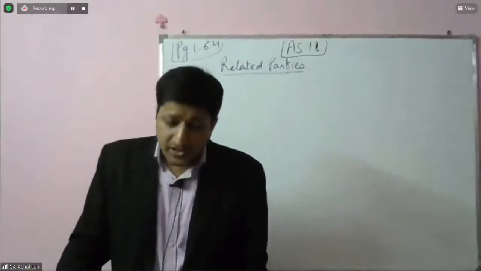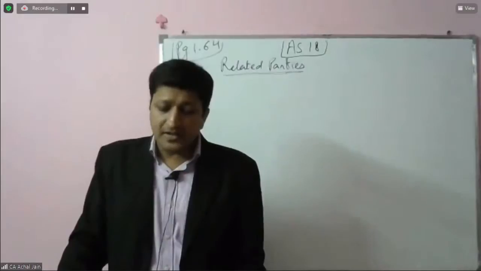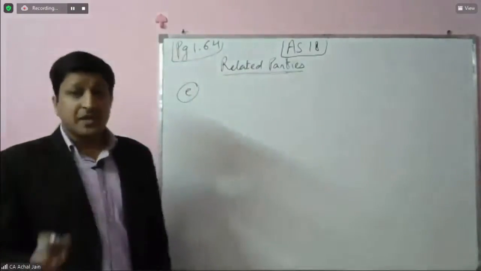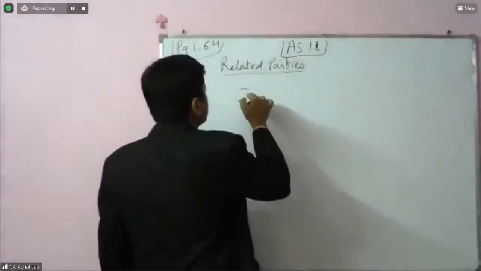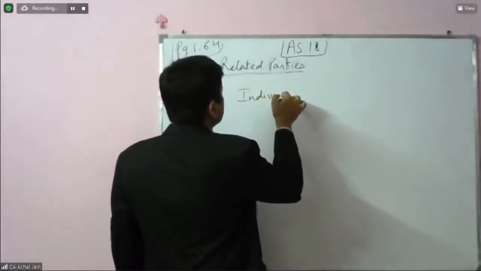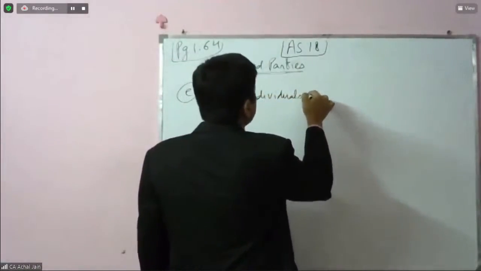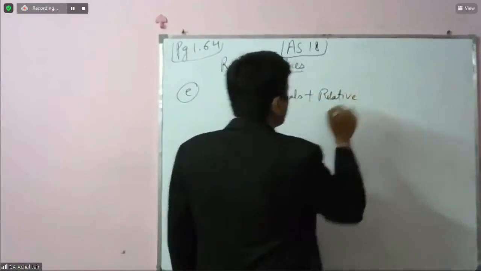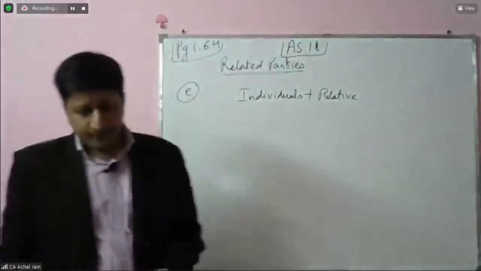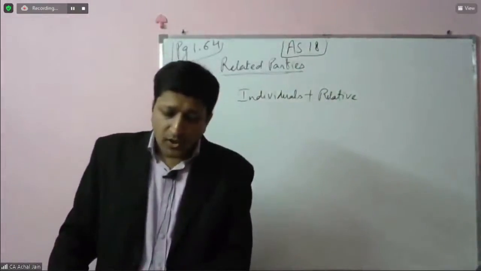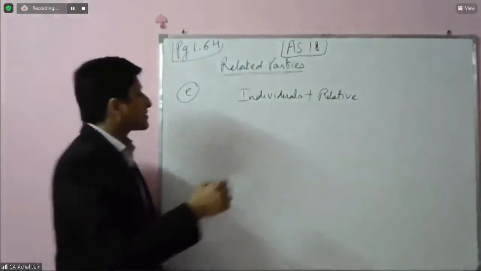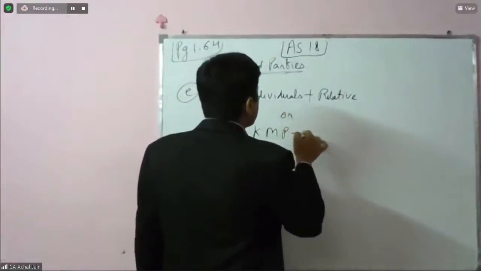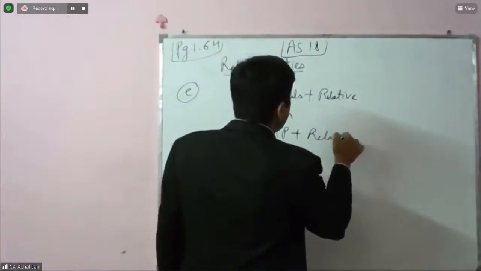Enterprises over which any person described in C or D. Who was C? Individuals plus relatives. Remember the example of Anushka? Or D means KMP plus relatives.